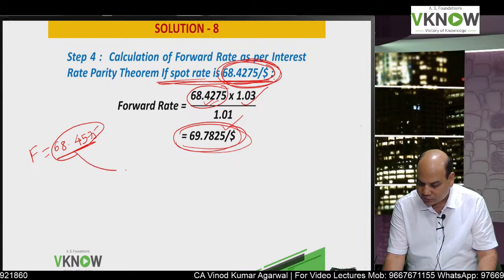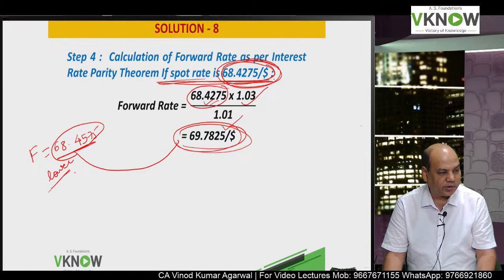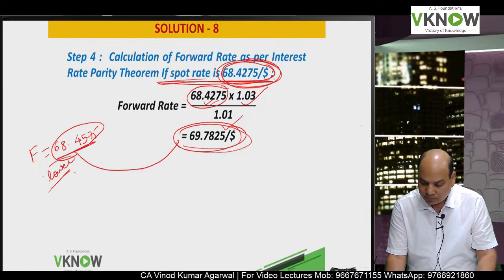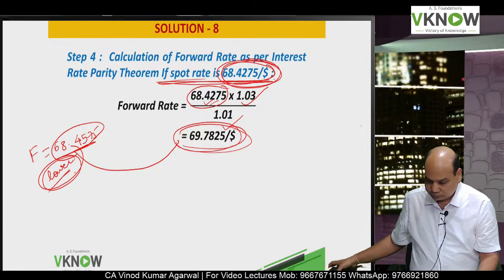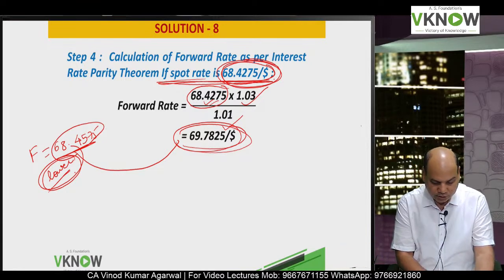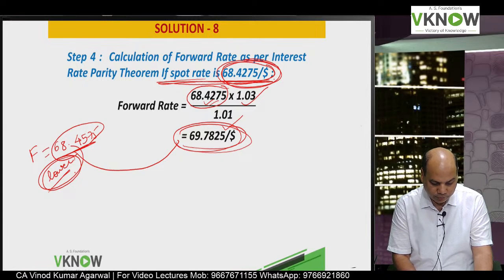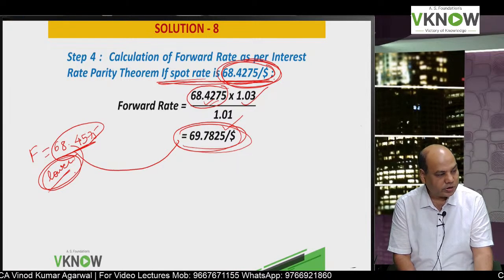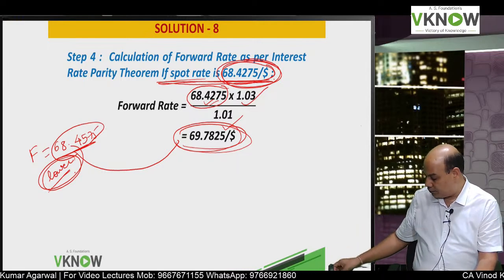Again this forward rate quoted by the bank is much lower, so I will better go with the forward contract with the bank. Let me just check the calculation, why it is so different. Please, you can also try. Yes, this is right: 69.7825.